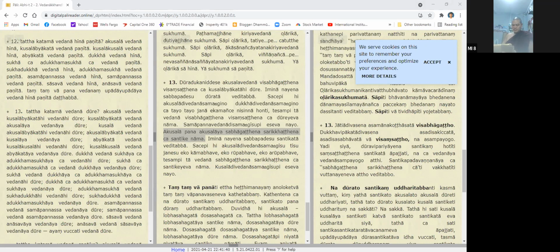Sabhagatena sarikatena. What is sarikatena?